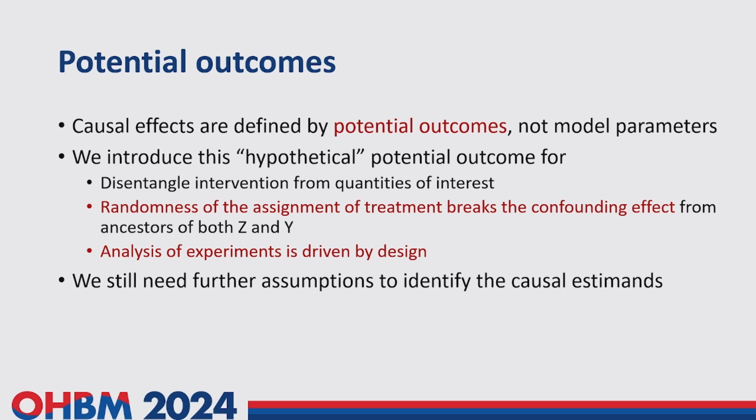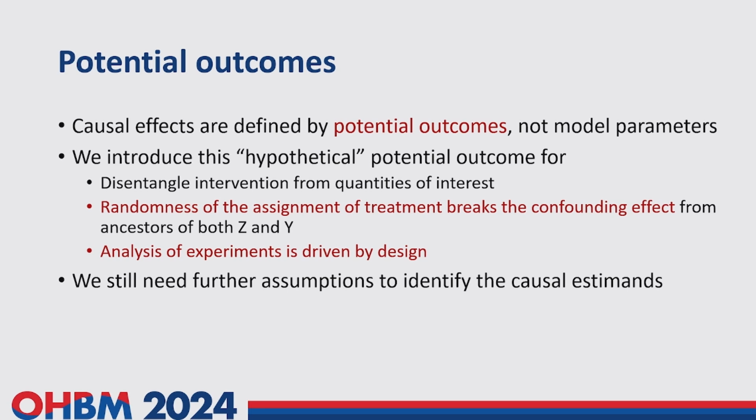When we're talking about potential outcomes, we're trying to predict in a hypothetical, or maybe parallel, world. So here, the important thing is the assignment of the treatment. Why is this important? When we look at the causal relationship between Z and Y, we need to make sure that nothing else is driving Z and Y at the same time.